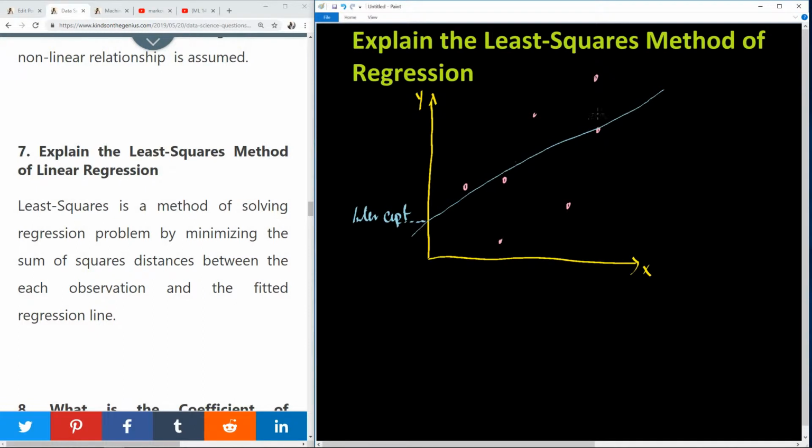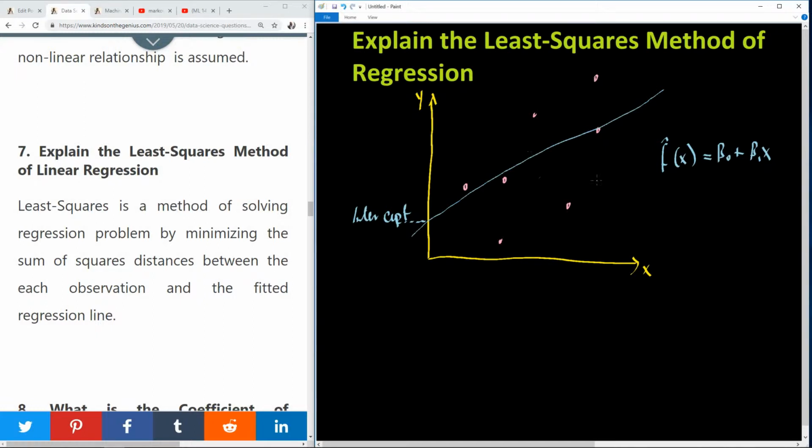Now if we fit this line through this data, the equation of this line will be a function of x, which is f hat of x equals beta 0 plus beta 1 x, which you already know in the case of linear regression.